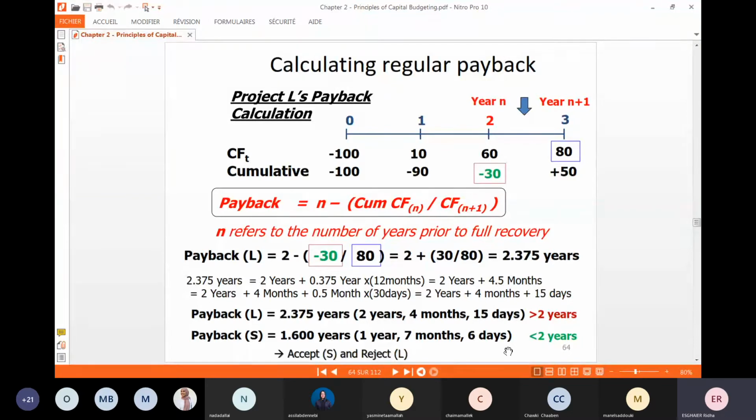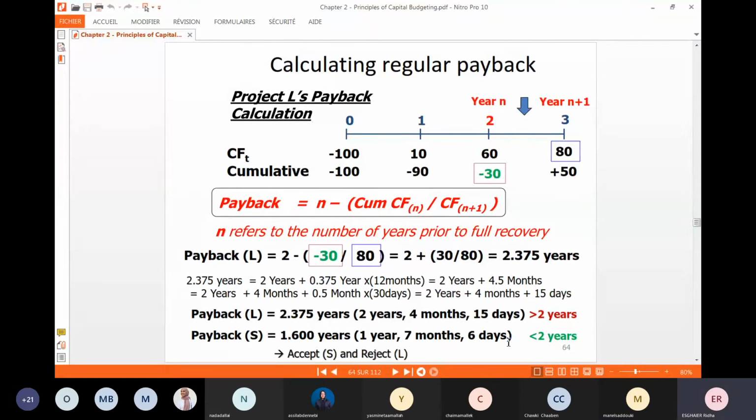The decision rule now depends on the information available and on the features of the project. Are the projects independent? Independent means we can accept all the projects that satisfy our conditions. For example, we say we need all the projects whose recovery happens before 2.5 years. We will accept both, because both give us our money back before two and a half years.